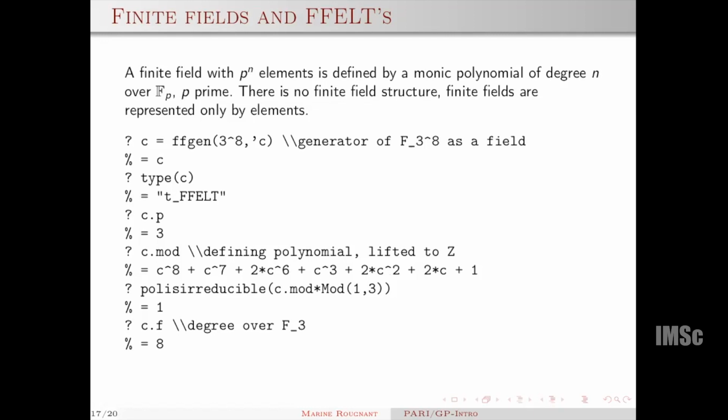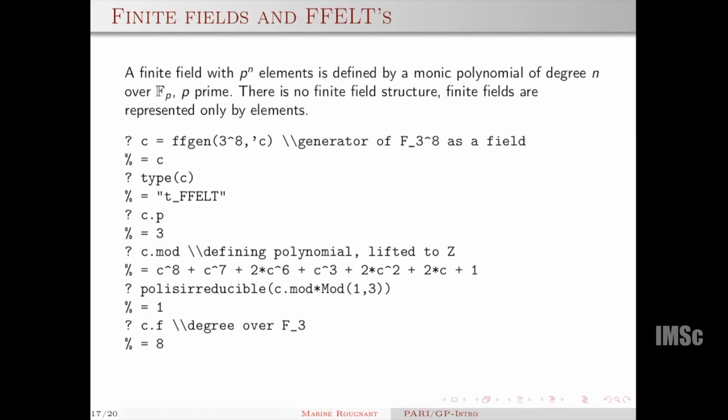You can check that this polynomial is irreducible. And here, it is a hint. By multiplying by 1 mod 3, I say, well, the coefficients of my polynomial are integers mod 3. So you were asking how can I just specify the domain when I want to factorize something?